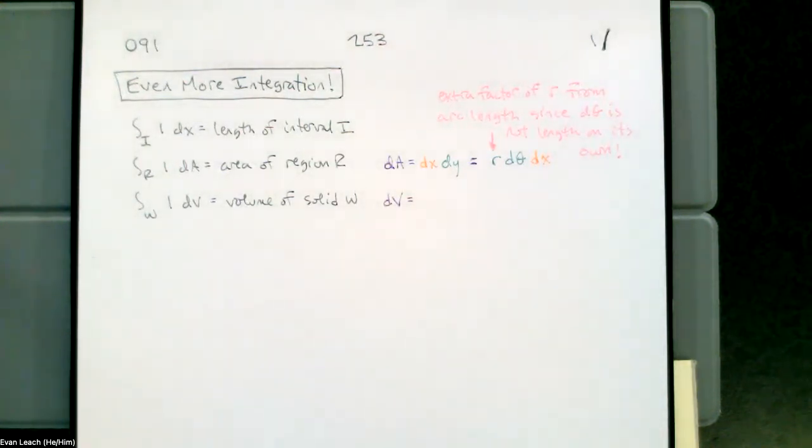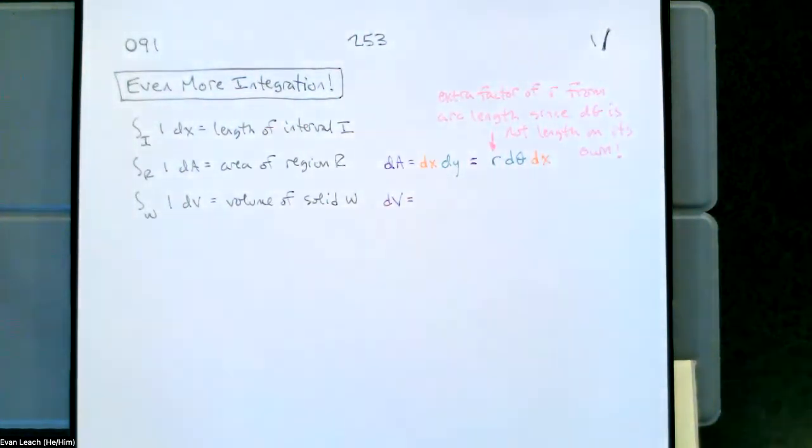Hard to picture now. But all we're doing is taking 3-dimensional space, x, y, and z, and we're taking a dx, a dy, and a dz to make this little rectangular box. That's going to be our dV.